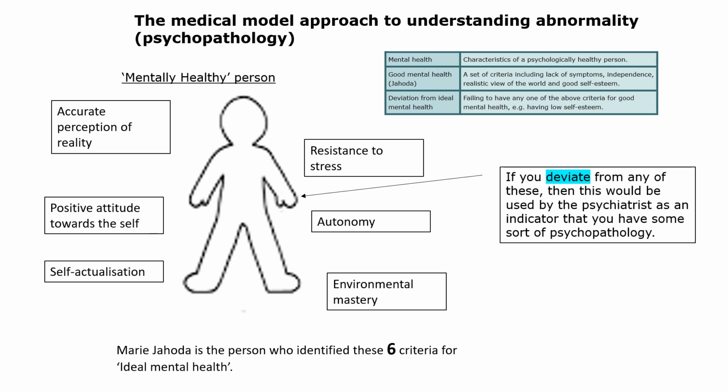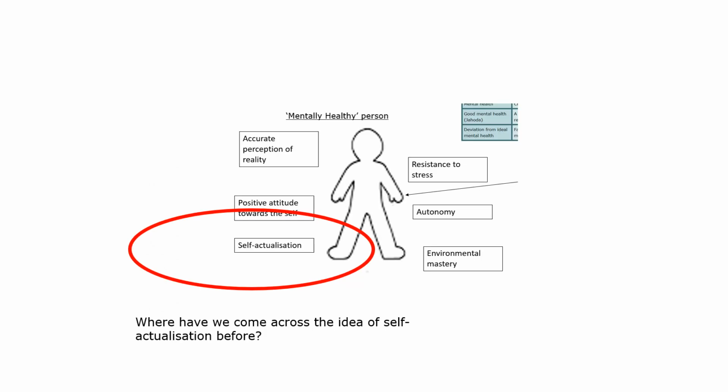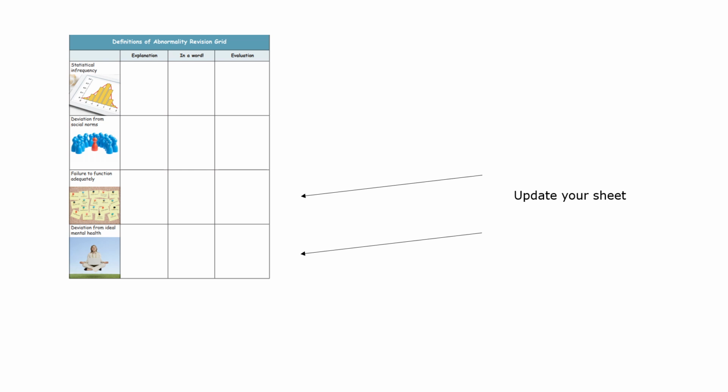So in terms of what I'd like you to do with all this information to help you get your head around it. The first thing I think would be helpful is for everybody to update this sheet. So if you remember, I think it was our first or second lesson on this new topic, I gave you all this sheet, and so far we've only filled in the top 2.